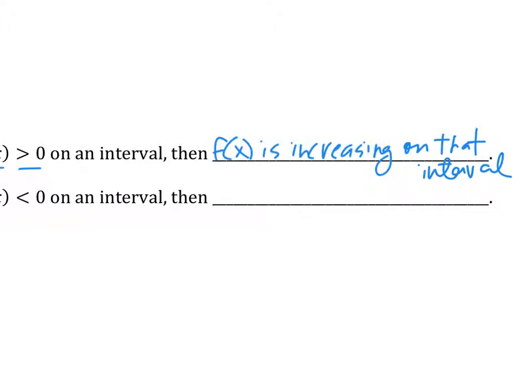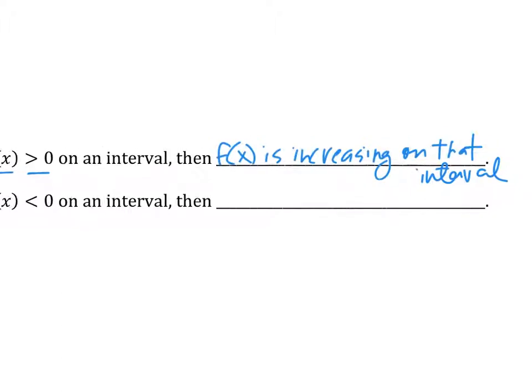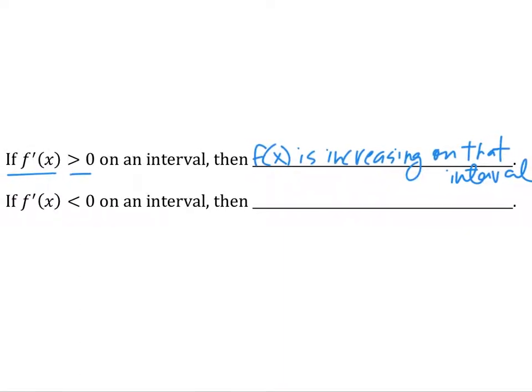If the derivative is positive, then you're increasing. Basically, your slope is positive. Okay. If f prime of x is greater than 0 on the interval, then f of x is increasing on that interval. Same thing.